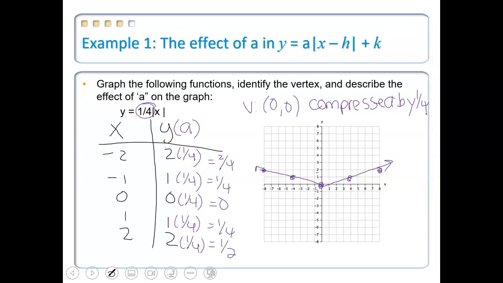Again, it's compressed or shrunk by a fourth. So like the table points right there, they're just much harder to grab.